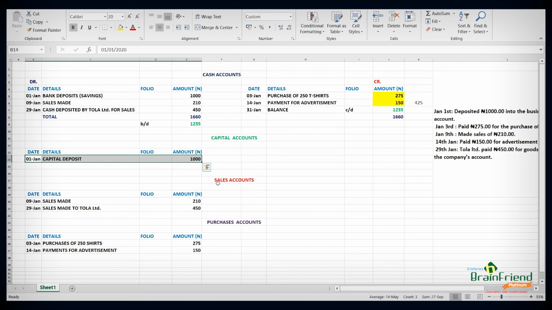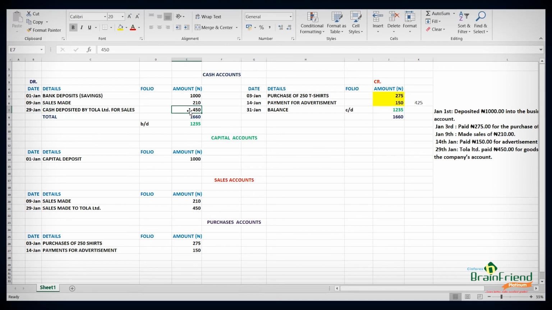Now, what are the transactions that we can capture in the sales account? Looking at our data, we have only two. The sales made to the tune of 210 naira, and then the cash deposited by Tola Limited for sales, which was 450 naira.